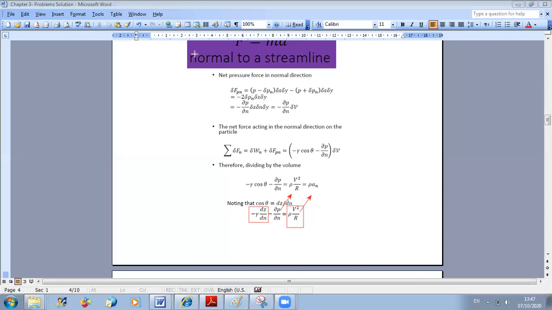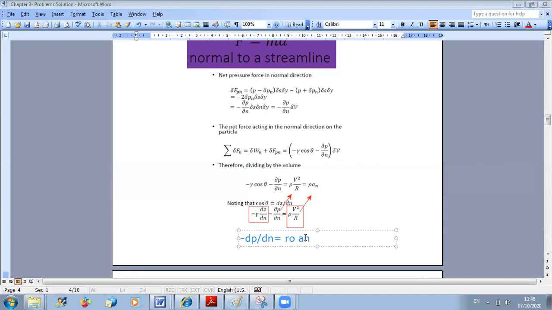So you can say that dp/dn is inversely proportional, or if you want, it goes in a direction different from the normal acceleration. Look at minus ∂p/∂n: if I don't take the hydrostatic effect, assuming I'm moving along a horizontal plane, I get minus ∂p/∂n equals rho times my normal acceleration.